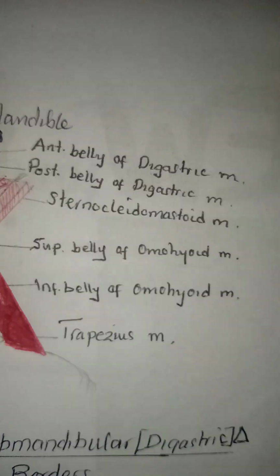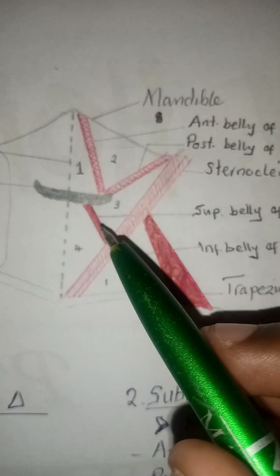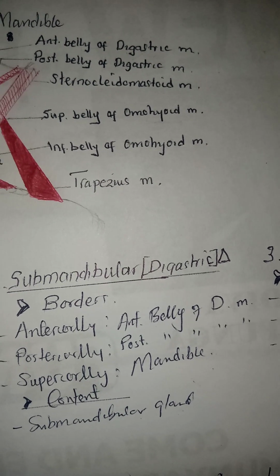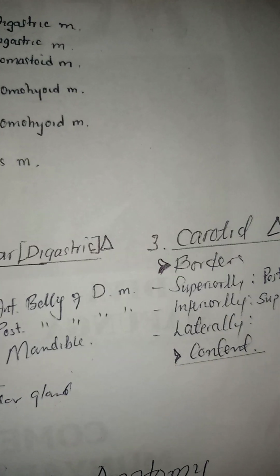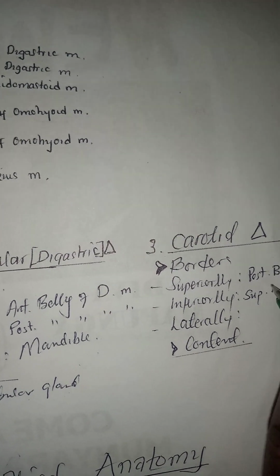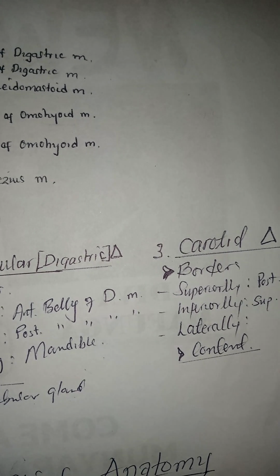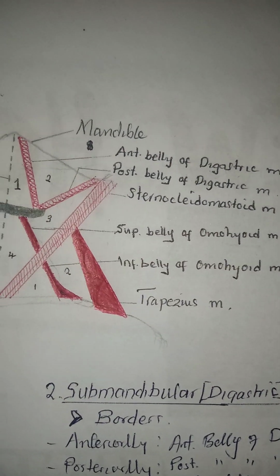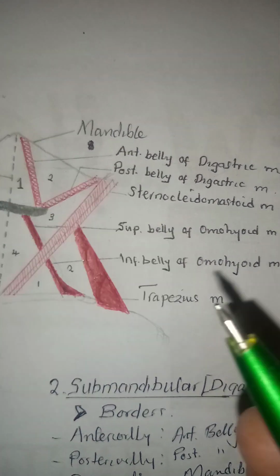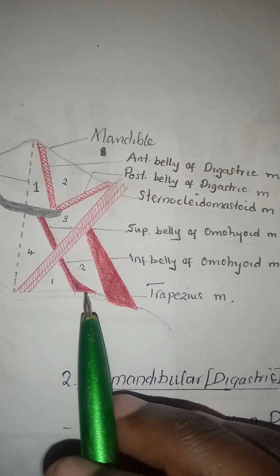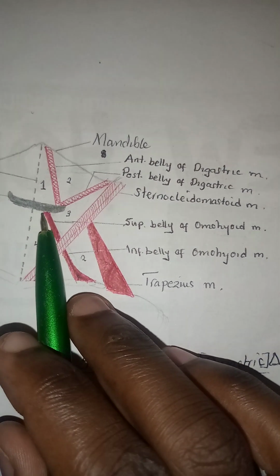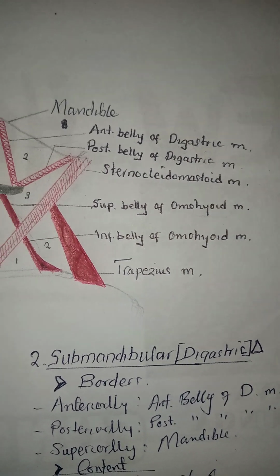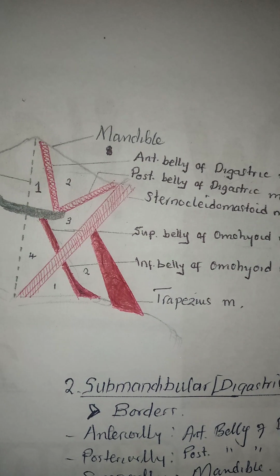Then on the inferior aspect, we have the superior belly of omohyoid. Omo means shoulder, and hyoid means the bone here. So this muscle basically originates from the shoulder to the hyoid bone here. So on the superior and inferior aspects we are done.